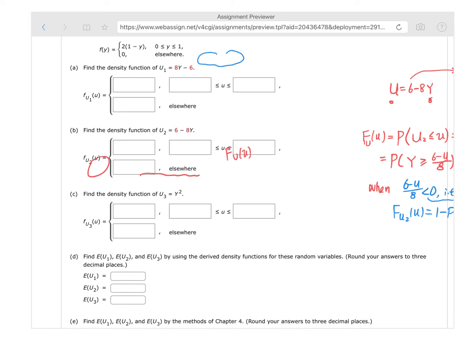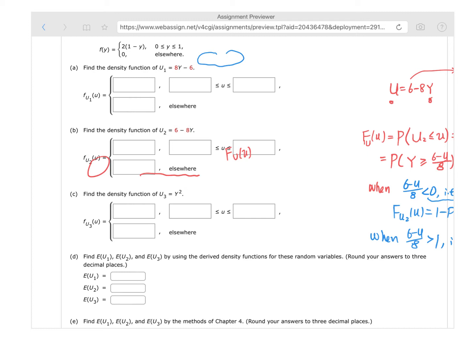Now I'm going to discuss the easy case first. When (6 minus u) over 8 is greater than 1, what is the probability that y is less than or equal to a number greater than 1? It's for sure 100% because the support is to the left. Therefore this means u is less than negative 2.